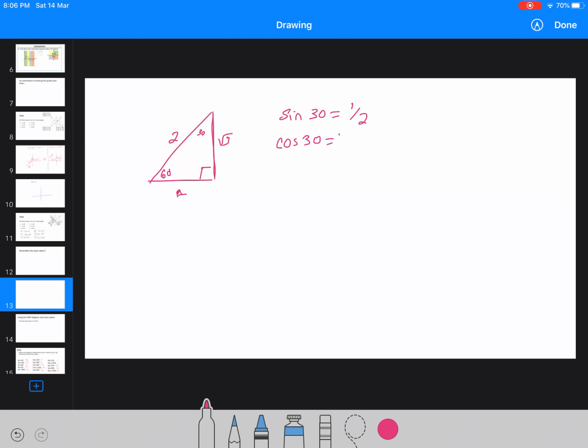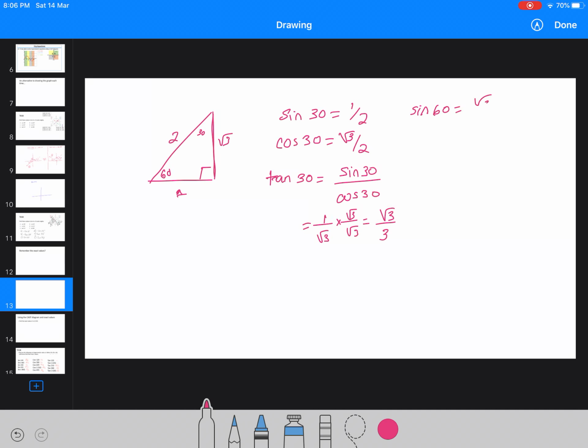Cosine 30 is the adjacent, radical 3, over the hypotenuse, 2. Tan 30 is sine 30 over cosine 30, which is half over radical 3 over 2, so I get 1 over radical 3. I should rationalize the denominator, so tan 30 is radical 3 over 3.